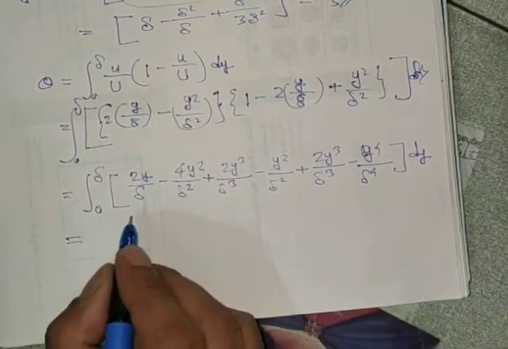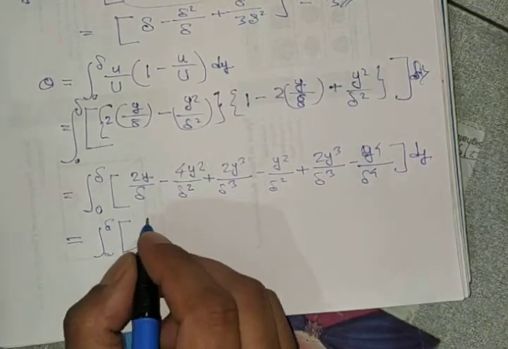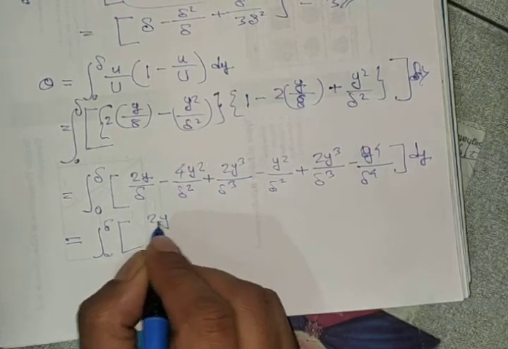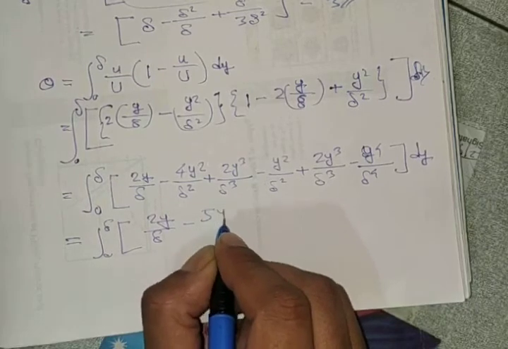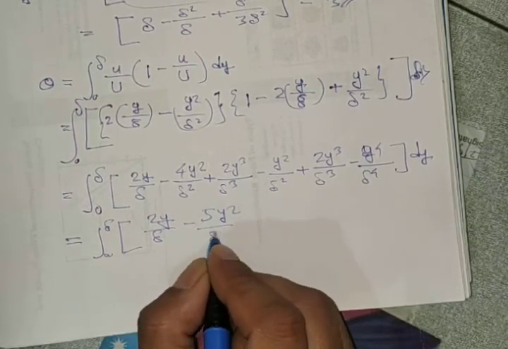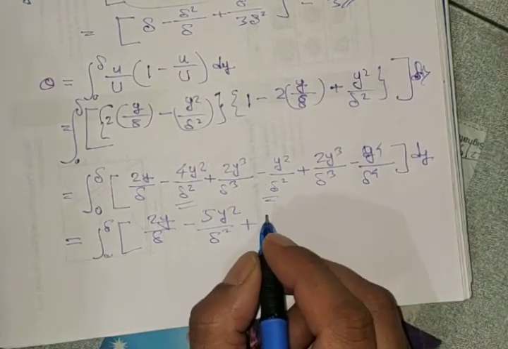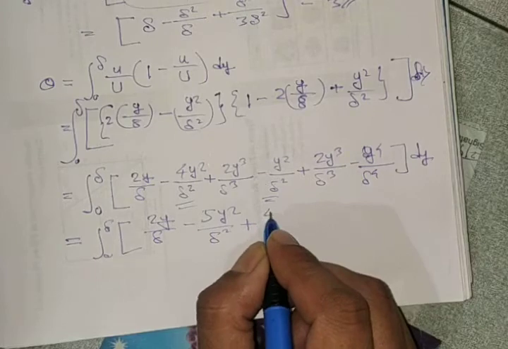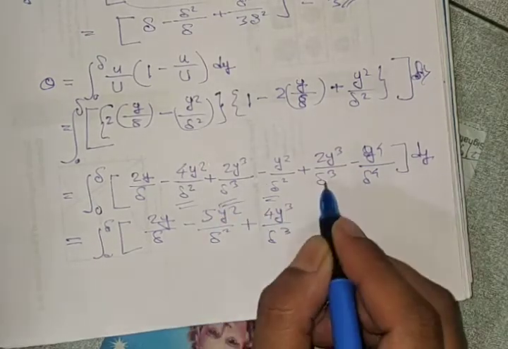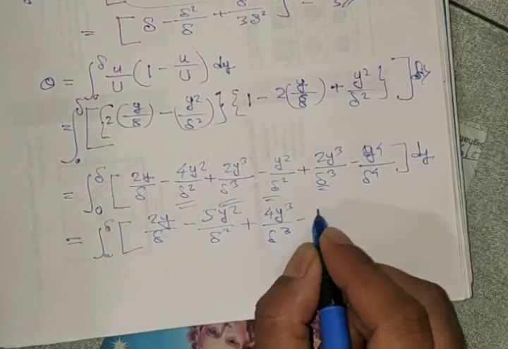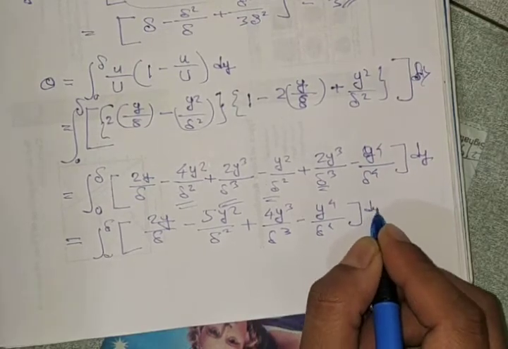So after simplification you will get 2 y by delta minus 5 y square by delta square for this and this, plus 4 y cube by delta cube for this and this, minus y to the power 4 by delta to the power 4, dy.